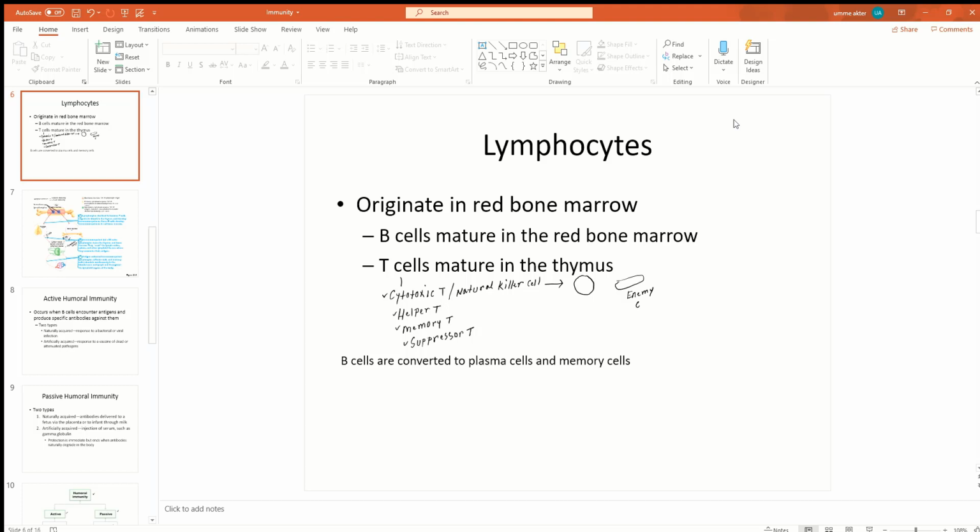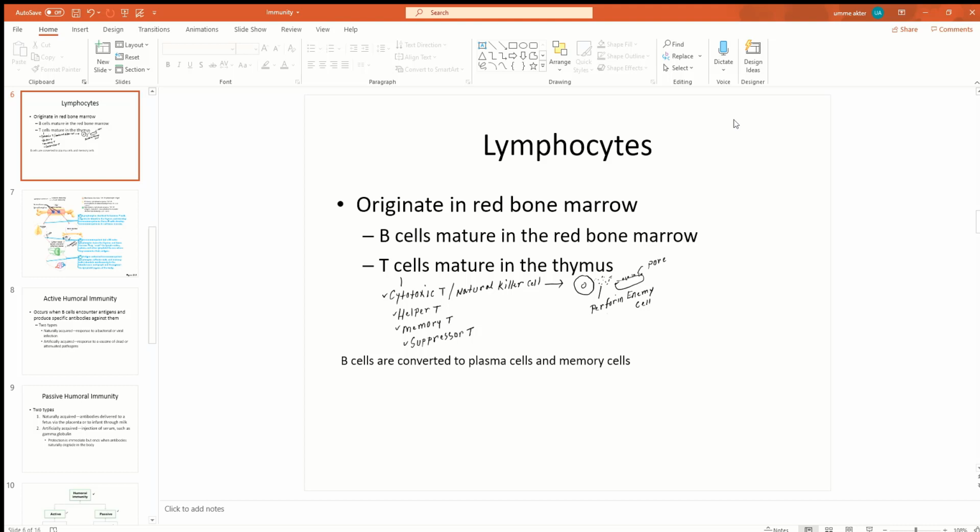So when the microorganism or the enemy cell comes close to the cytotoxic T cell, it will release a chemical that is called perforin. And perforin will get attached to the wall of the enemy cell, and will make holes in the wall.